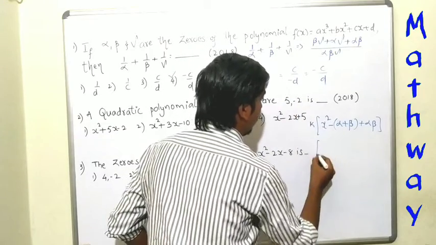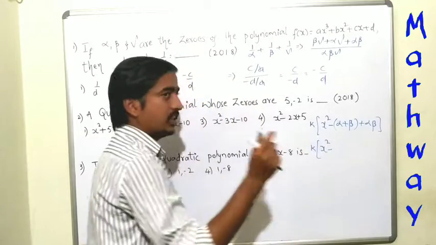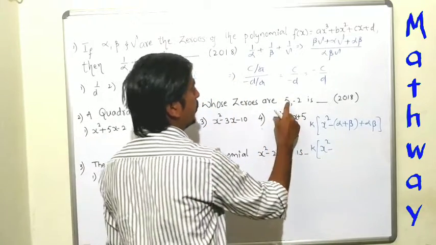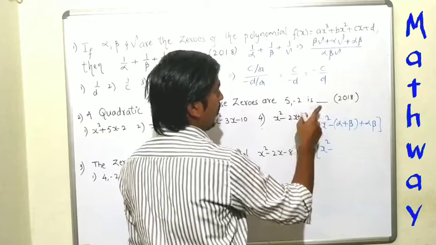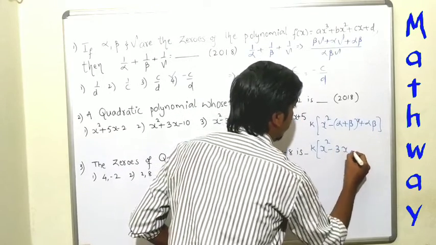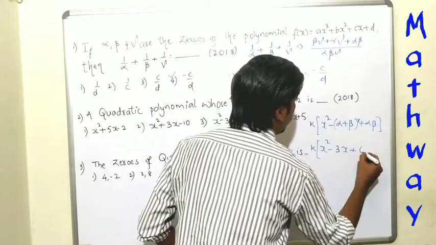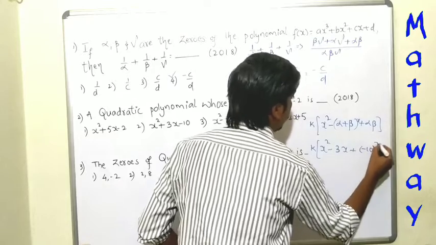So here we get k of x square minus sum of the zeros. What will we get by adding these two? 5 plus minus 2 means 5 minus 2, which is 3. So it is minus 3x plus alpha into beta, 5 into minus 2, is minus 10.